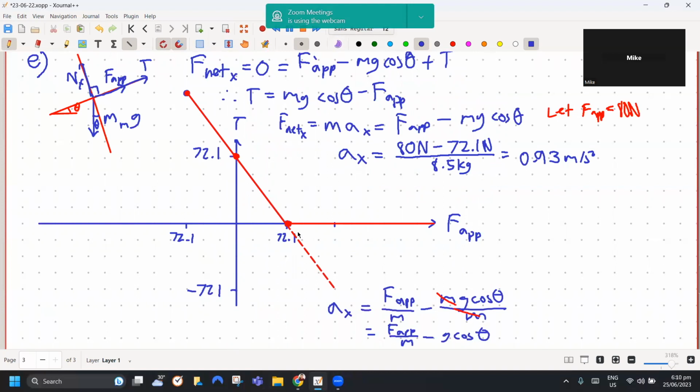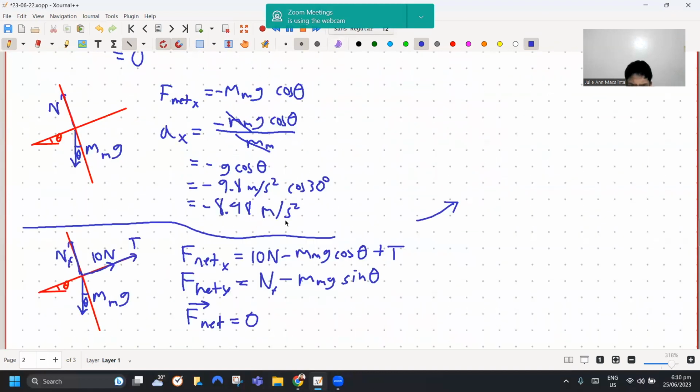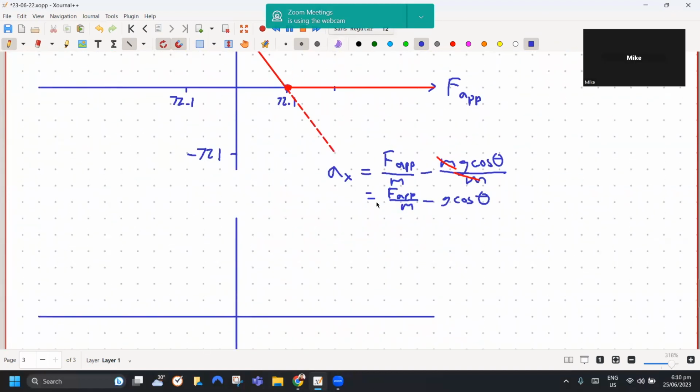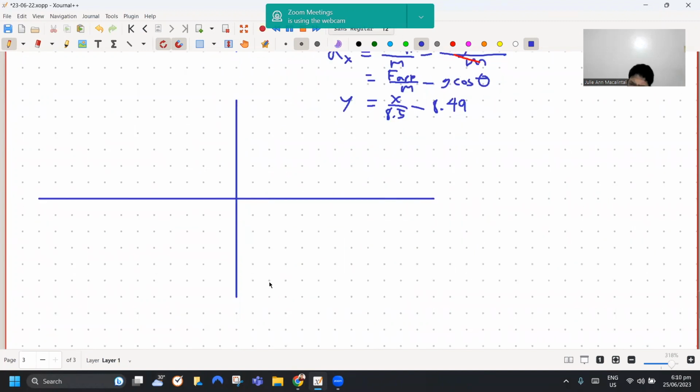A sub x is F applied over m minus g cosine theta. We're now graphing a sub x versus F applied. So kung ang y ay a sub x, sige, tingnan mo lang yung mangyayari. If y is a sub x and F applied is x, ano yung slope? Okay, minus 9.8. Ano yung intercept? Iyan po. Negative, so 8.49.